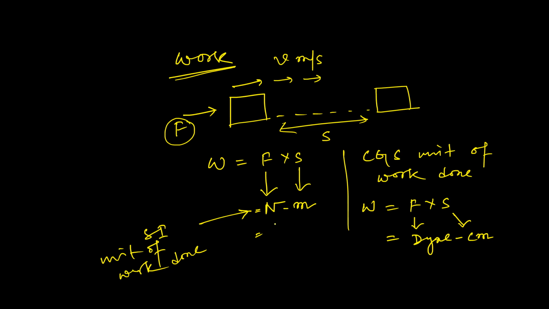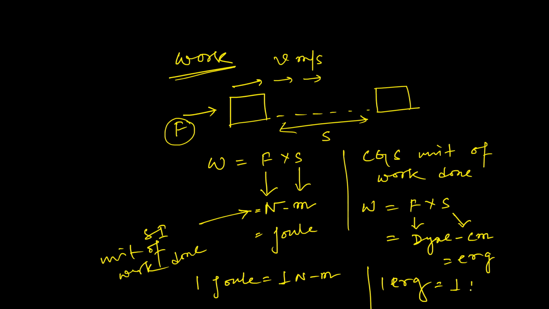Now they have different names. The Newton meter is always called joule, so 1 joule equals 1 Newton meter. And the dyne centimeter is known as erg, so 1 erg equals 1 dyne centimeter.